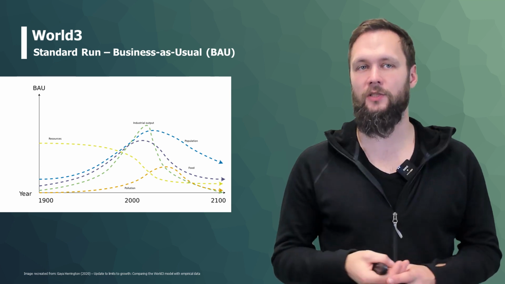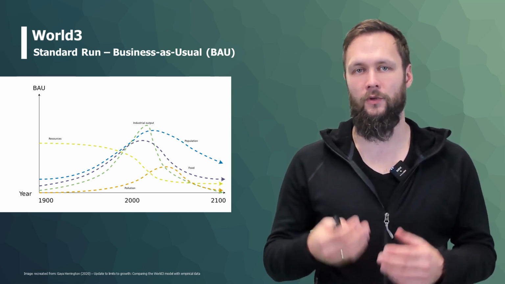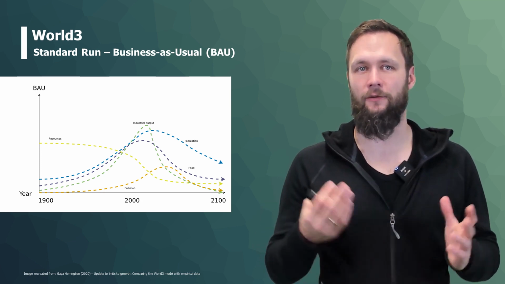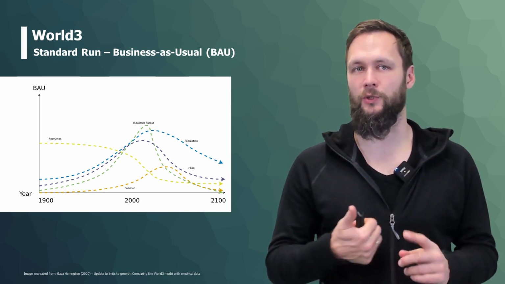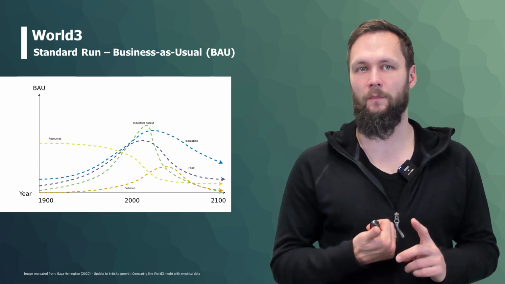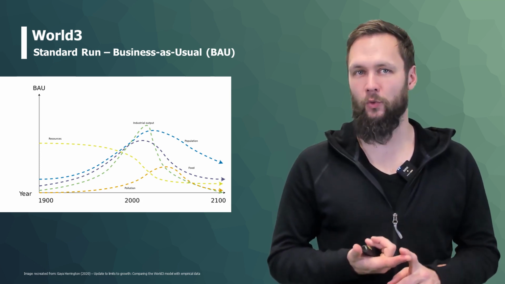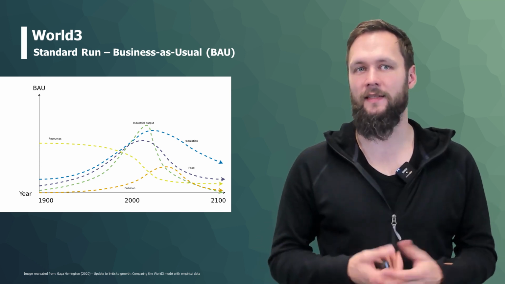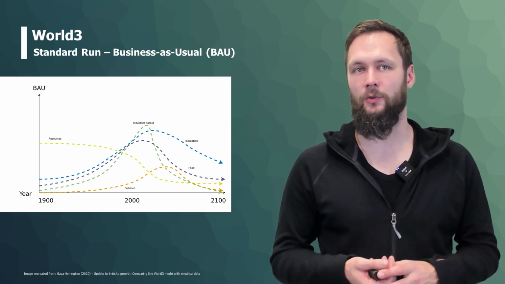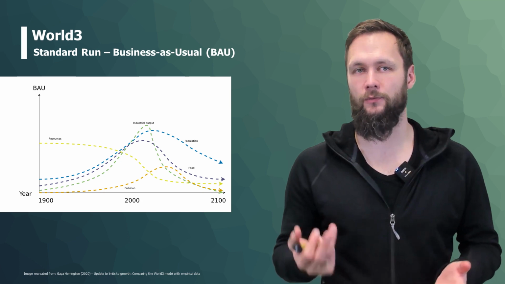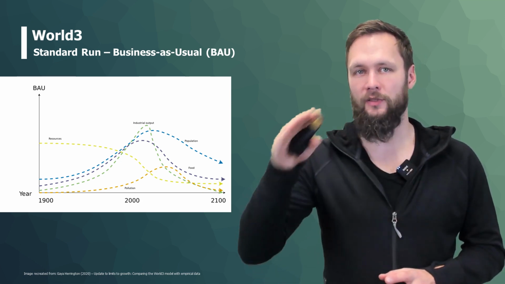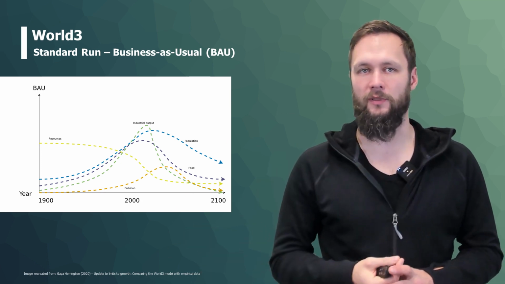We reach a certain level of luxurious, nice living standard that unfortunately is not sustainable, because we're using more resources than we have, and we're causing more pollution than we can process. And that at some point leads to a drop in industrial output, food per capita, and subsequently the population decreases or collapses to a certain point.